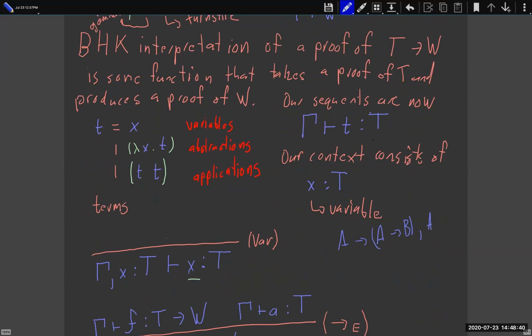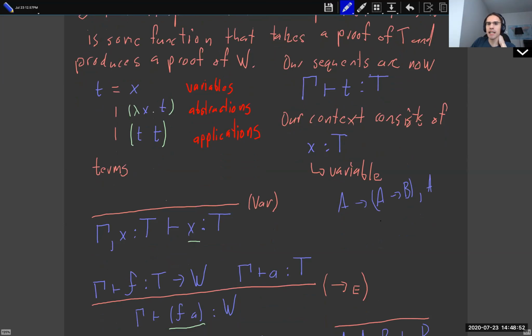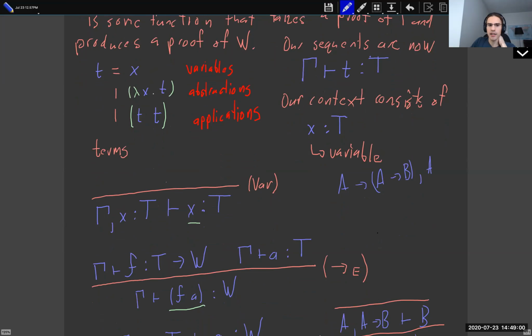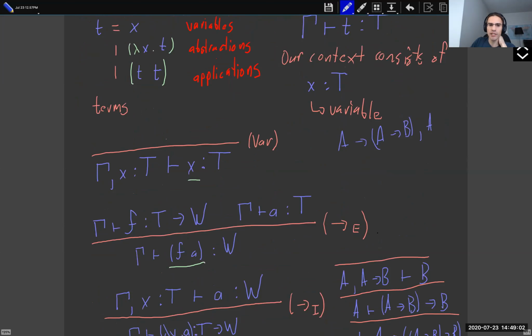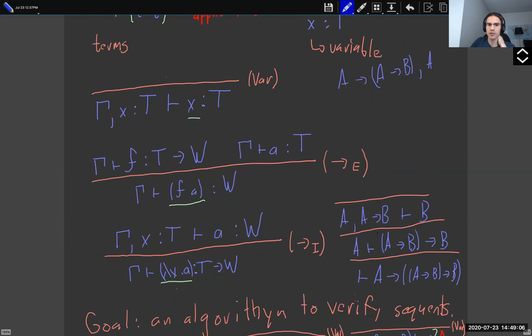Wait, where's the lambda calculus? Okay, so you have a lambda calculus term, colon, a logical formula. The meaning of the sequent is that the lambda calculus term is a proof of that logical formula. Yes. So now look at the rules of reasoning that we have. The entire system is defined by these 3 rules.